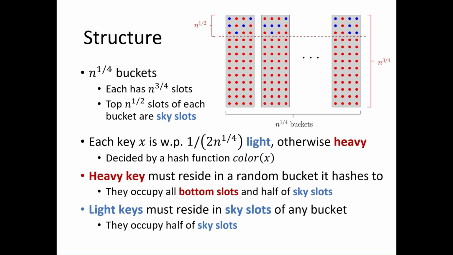At the same time, due to our design of probabilities of light keys versus heavy keys, we can conclude that in the sky slots within each bucket, half of the keys are light and half are heavy in expectation. So this is the structure of a rainbow cell, and based on this structure, it is rather straightforward to design all of the operations.